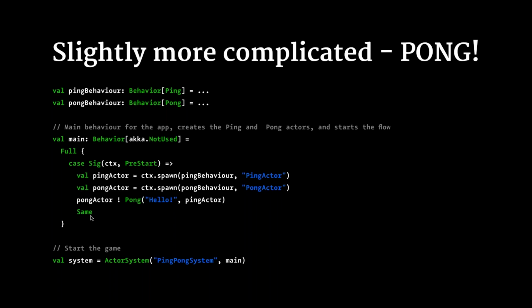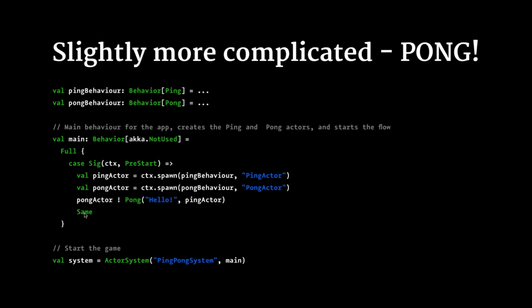Now this last line in here, keep that in mind as we go into changing behaviors. But for now, what we need to know is that this simply says, continue doing what you're doing. Once you receive the pre-start signal, just go on and continue doing what you're doing. So now we have an actor system with our root behavior, that's our main. When the system starts, it sends the pre-start message, and then the ping pong game starts.